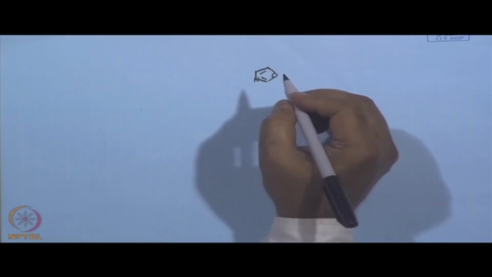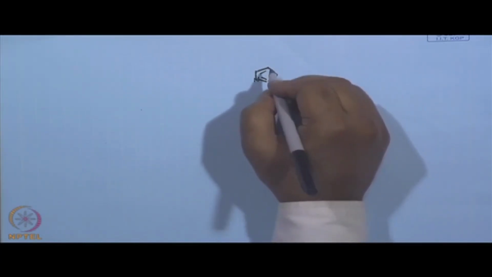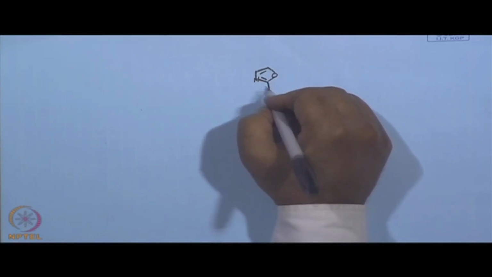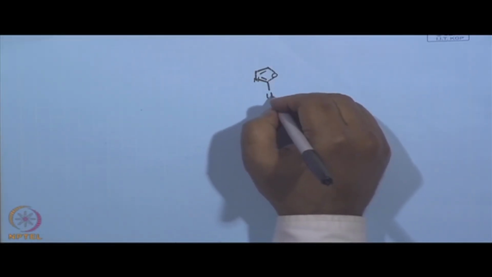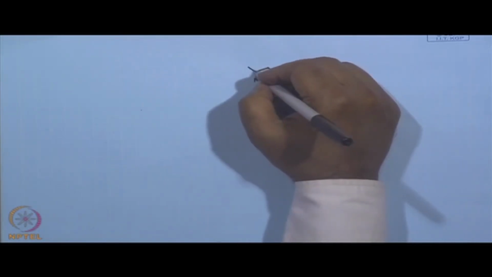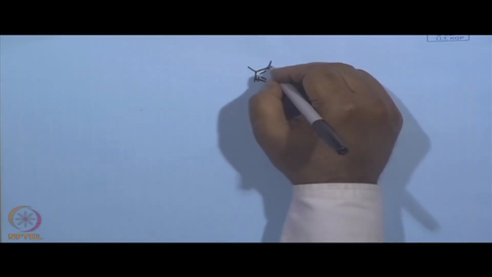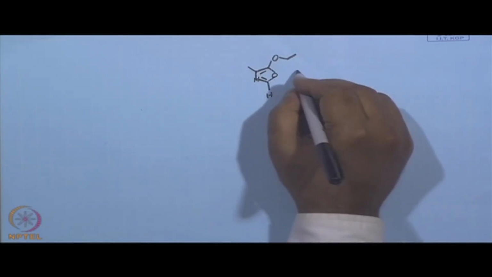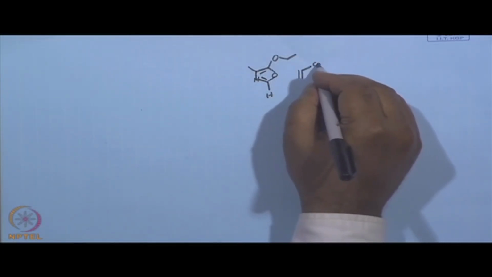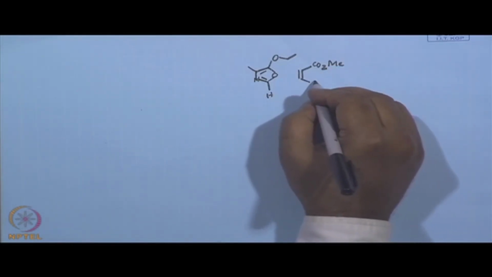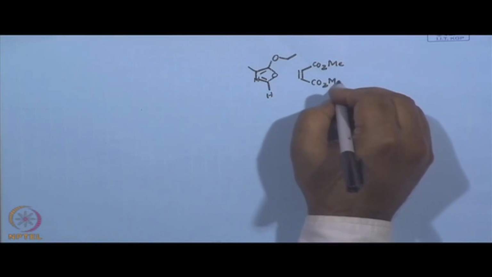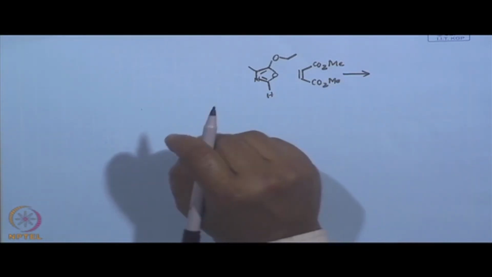If you begin with oxazole, let us say I will put hydrogen here, a methyl group here, an ethoxy group, and a carboxylic ester, and see whether this reaction would go or not.